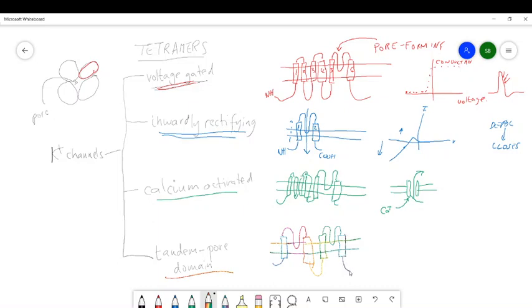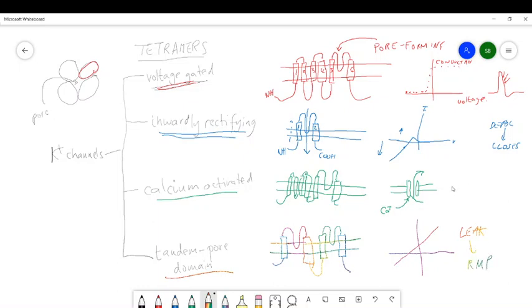So they're a bit like two inwardly rectifying ones stuck together, and they more or less stay open all the time. So they act a bit like constant leak channels. So these are your leak channels, and these are involved in the resting membrane potential.